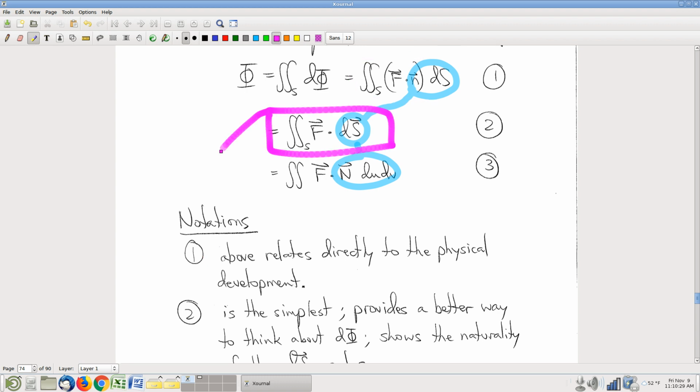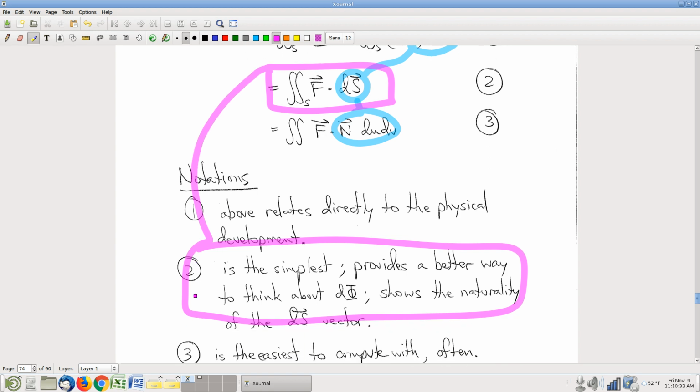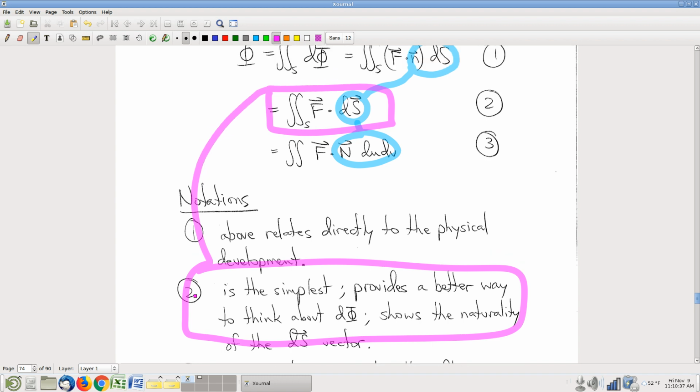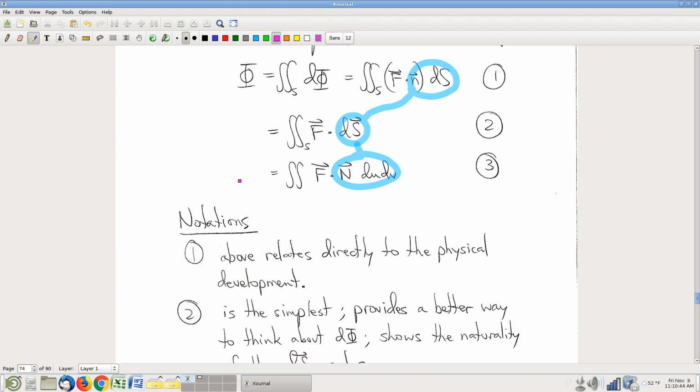This one, though, has some nice advantages. It's a little simpler to write down, and the fact that it's compact is pretty appealing. But what I like about this is that this differential that we write down tells you everything that you need to know about the piece of surface.